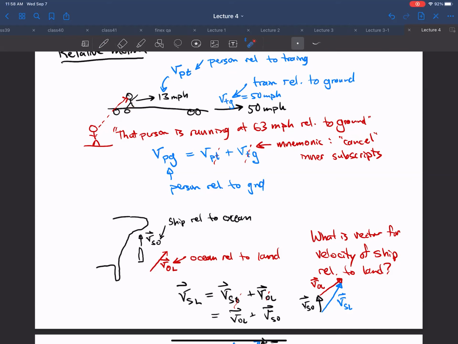So we're going to talk about this more in about 10 days or so, but we can imagine an instantaneous velocity. So at a single instant in time, I can say that person is running at 13 miles an hour. And maybe a second later, they're going at 14. And so the result would change. But at that instant, they're going 13. And so it just still adds up to 63.